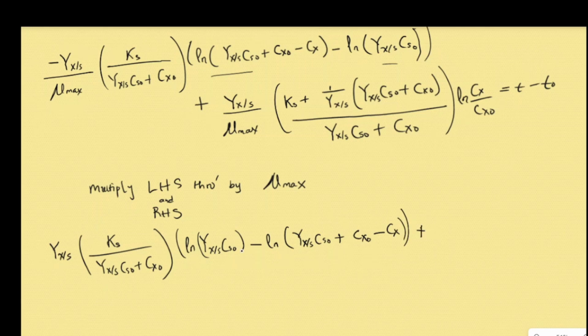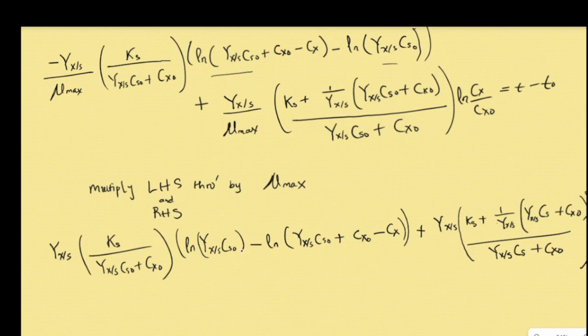All right, then plus, let me try to squeeze the whole of this one here. So in squeezing this particular one, we'll have Yx/s and Ks plus 1 over Yx/s into Yx/s Cs naught plus Cx naught, like this, and Yx/s Cs naught plus Cx naught.